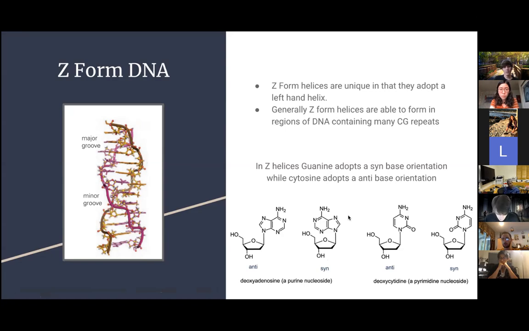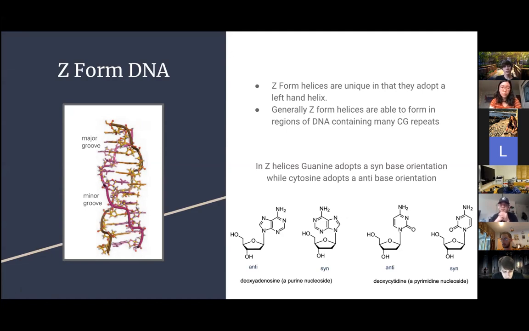Sorry, I have one kind of general question. For A form, B form, and Z form of DNA, can these be found within one chromosome, or is it separate strands of DNA, or can they all be intertwined within one chromosome? Yeah, so basically depending on the conditions, certain forms of DNA will be favored.